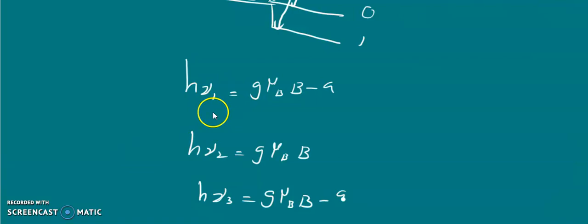Their intensities are equal, and the separation between two adjacent lines is equal to the hyperfine splitting constant A. So here we get 3 lines separated by a distance equal to the hyperfine splitting constant.